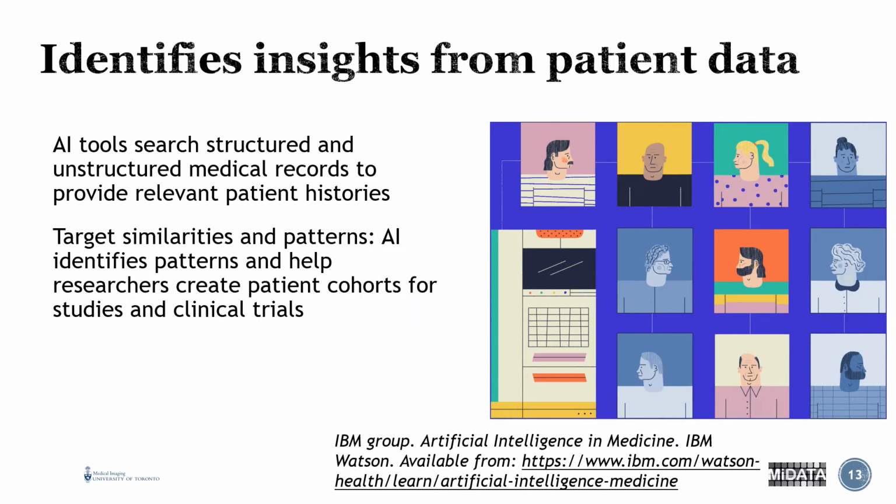Let's go back to the IBM Watson style AI tool where it can search structured and unstructured medical records to provide relevant patient histories, for instance. The other use of this is to target similarities and patterns within the patient records, where it can then help researchers create patient cohorts, for instance, for a study or clinical trial that they're performing.